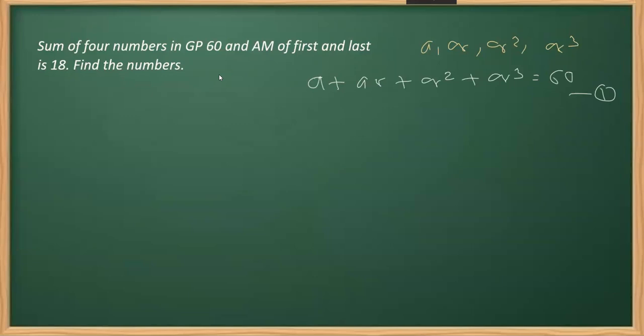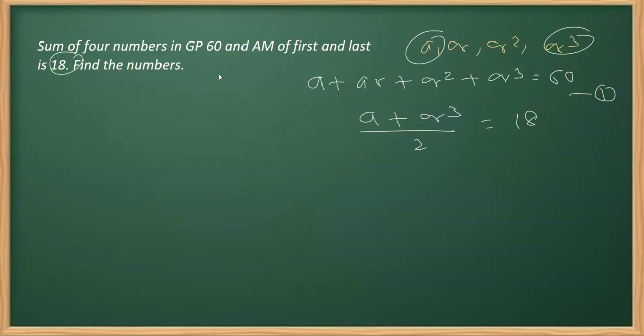Now later in the second part, it says that the arithmetic mean of the first and the last term is given as 18. So that means A plus AR cube divided by 2 is equal to 18.